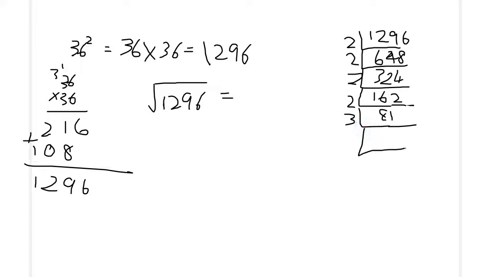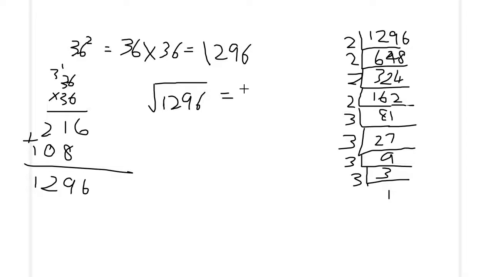So this one gives you 27, and you divide by 3 again, it's 9. Divide by 3 again, you get 3. Divide by 3 again, you get 1.